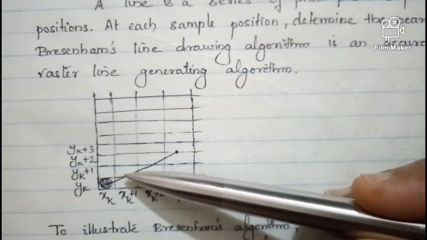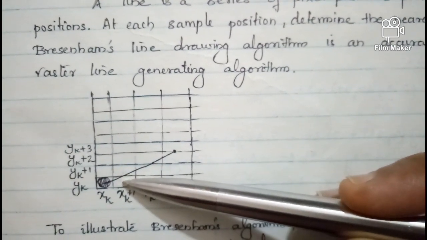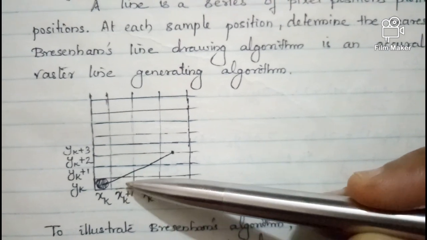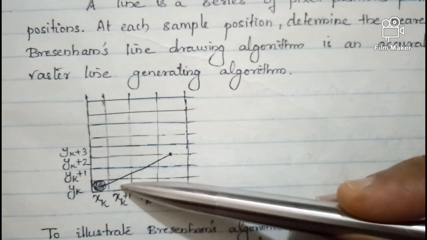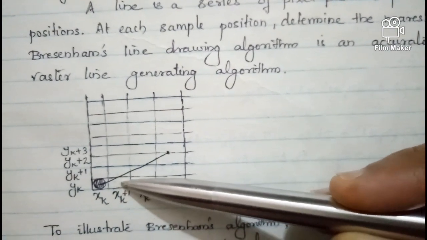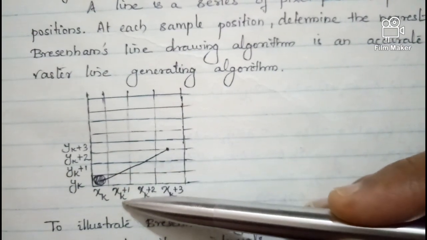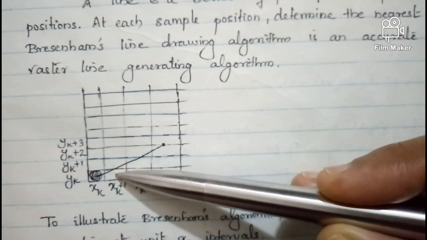The line passes through both these cells. So there arises a confusion whether to select this pixel or to select this pixel. If I am selecting this pixel, the name of the pixel selected will be xk plus 1, yk.